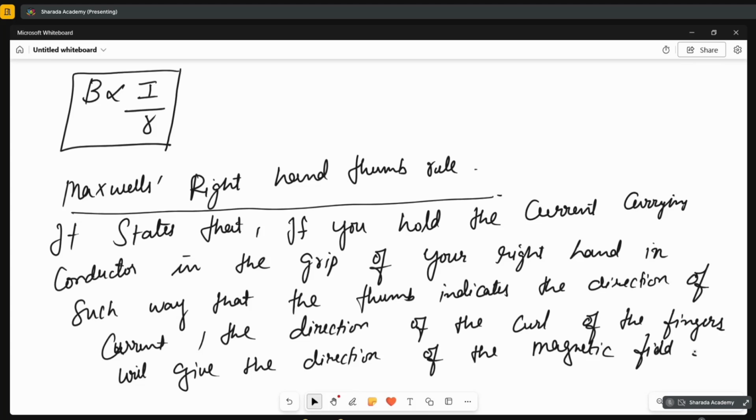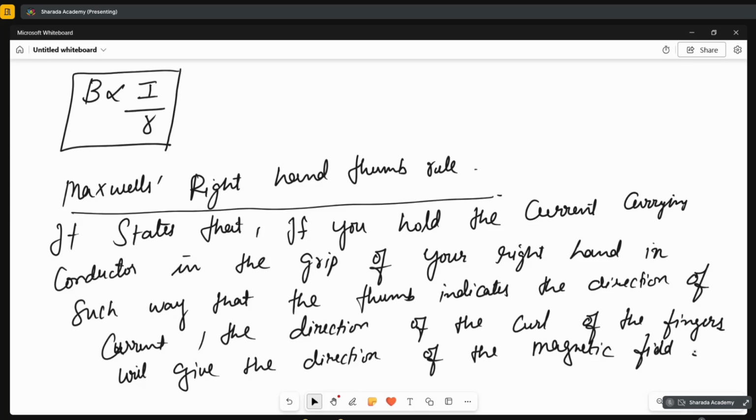If this is a current carrying conductor and the direction of the current is downwards, we keep the thumb in the direction of the current, and the fingers curl around it to give the direction of the magnetic field.